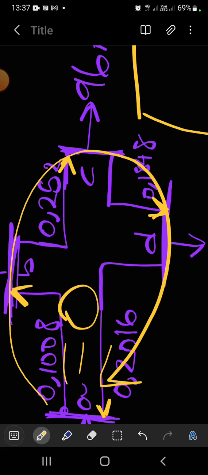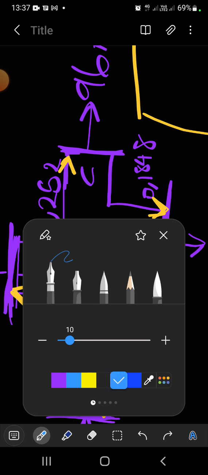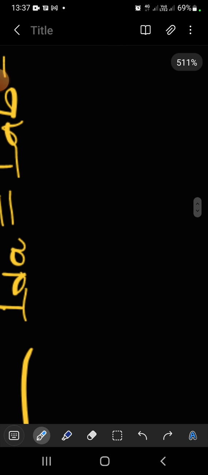I'm also gonna change color. So VAB plus VBC plus VCD plus VDA equals 0.